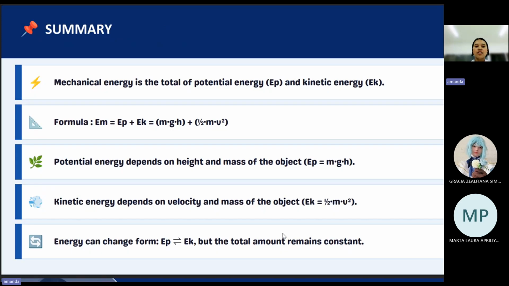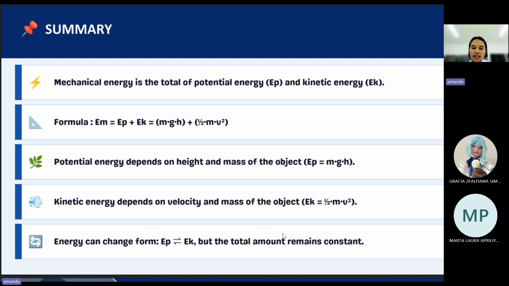The next slide about summary. Excellent. Throughout the lesson, the first, mechanical energy is the total sum of potential energy and kinetic energy. Number two, potential energy depends strictly on the height and mass of the object, where energy potential equals m times g times h.